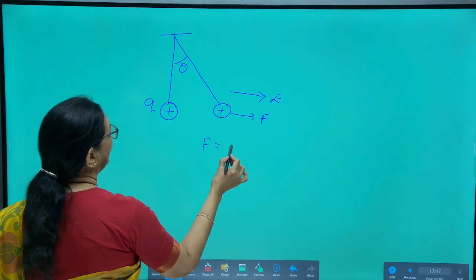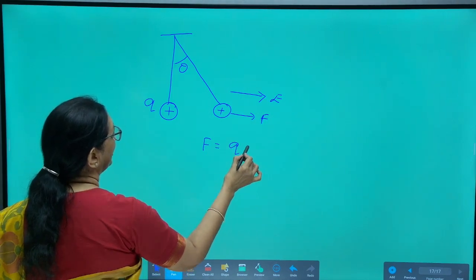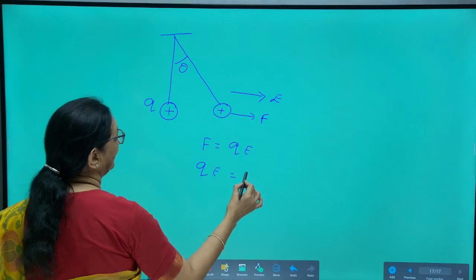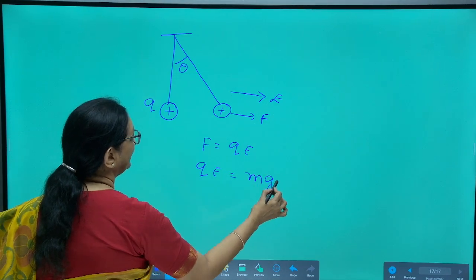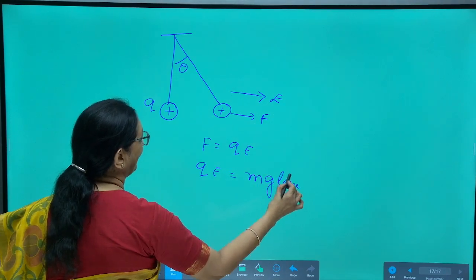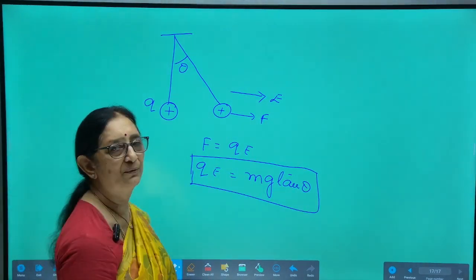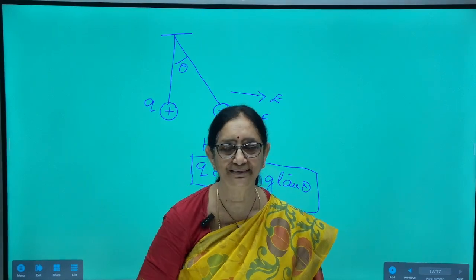So, here F is equal to QE, and that QE provides the necessary horizontal force to pull it aside through an angle theta. So, in this problem QE is equal to mg tan theta.